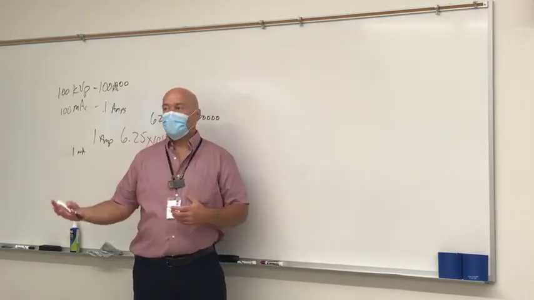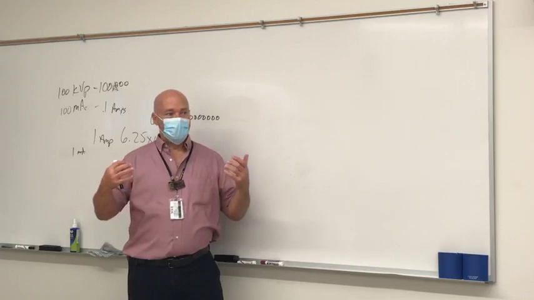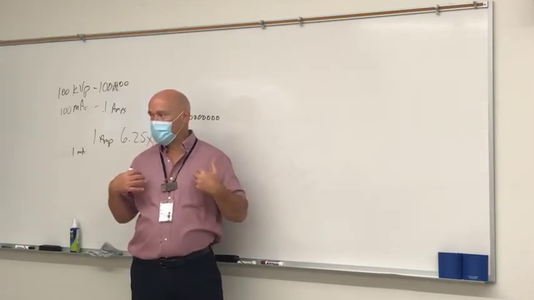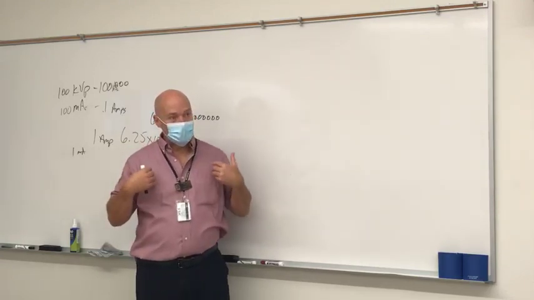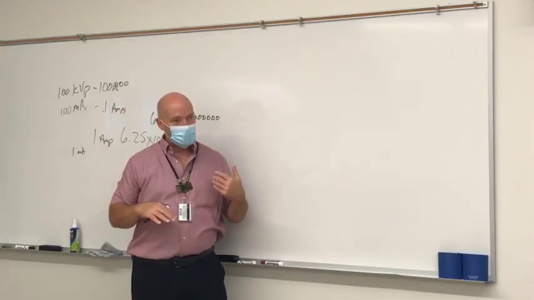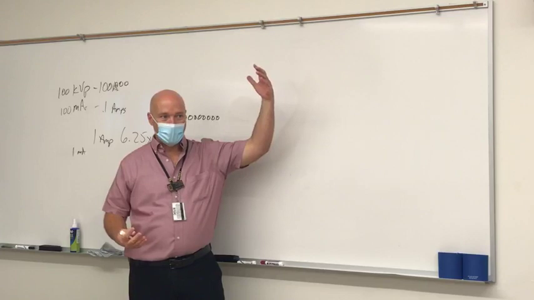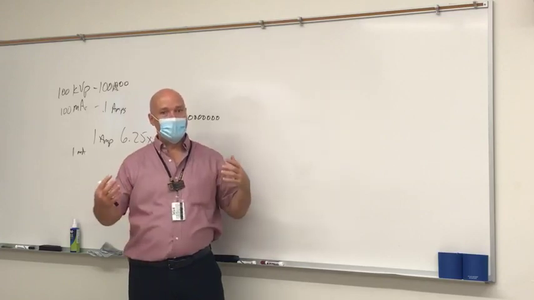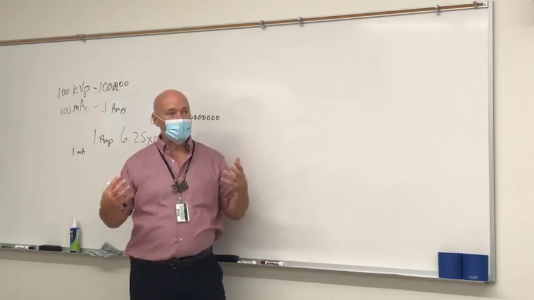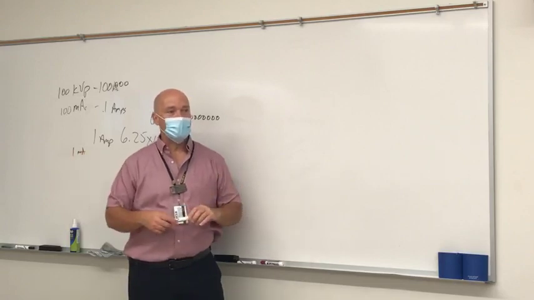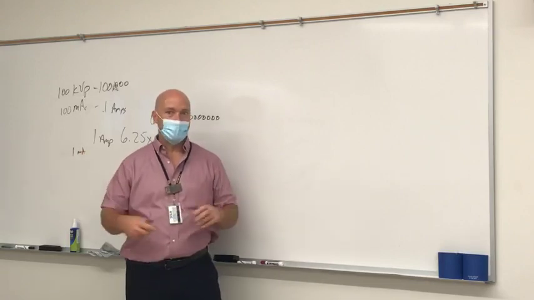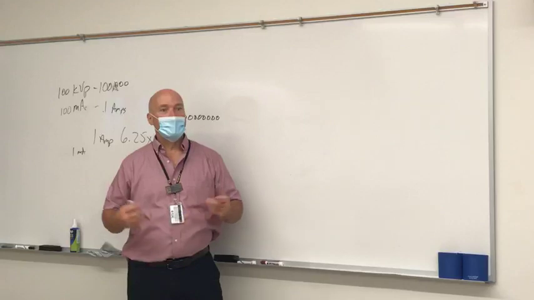Ribs, on the other hand, if we want to see ribs, we don't want as much penetration of the ribs. We want more absorption inside of the ribs, so we're going to use a lower kVp. We might use 80 kVp, but our mAs may be 10. So for different anatomies, we're going to use different kVp and different mAs levels. Hands, we're going to use maybe 50 kVp at 2 mAs.